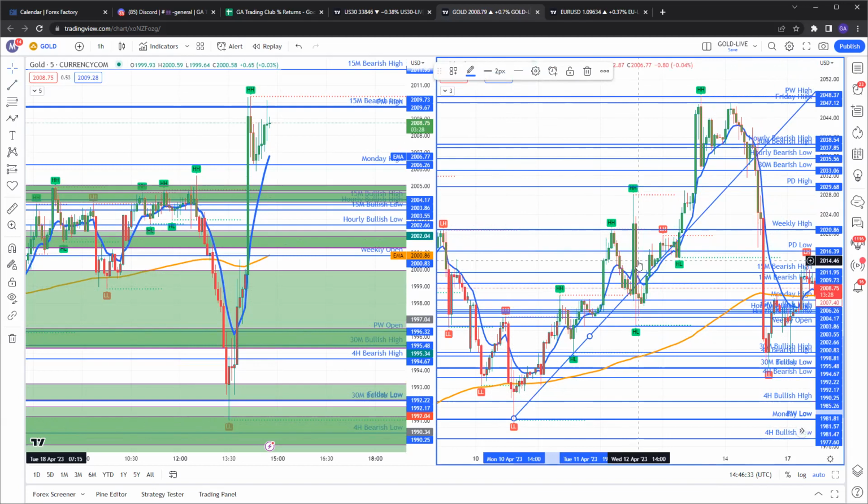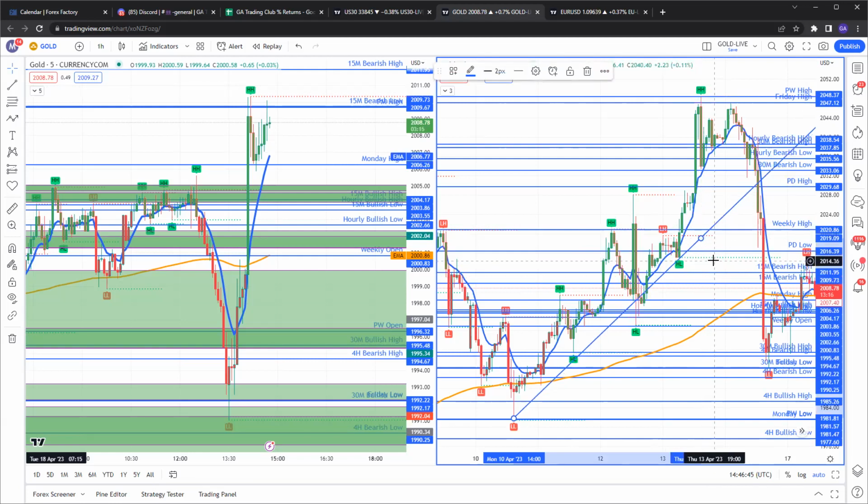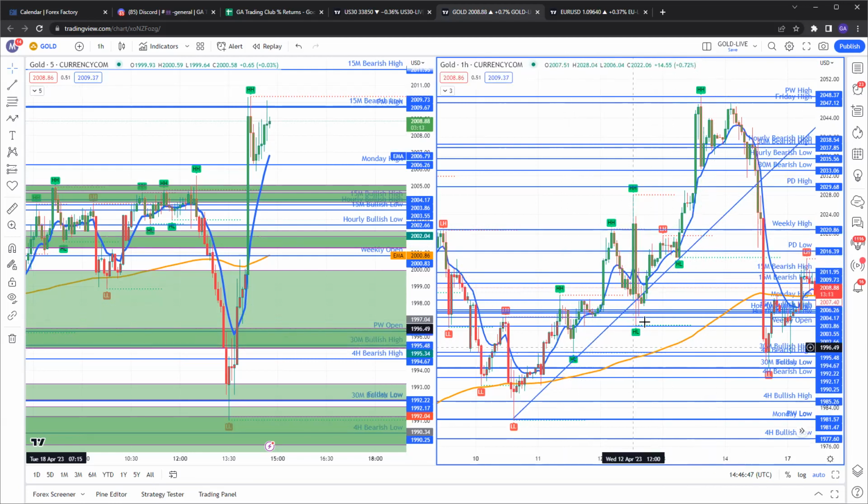But remember, for me, when I'm drawing trend lines, I don't want my trend lines to cut through candles. I try to avoid that as much as possible. So what I'll do here, I'll draw from this lower low to this high low here. That way it's closer to this high low here, and also closer to this high low here.